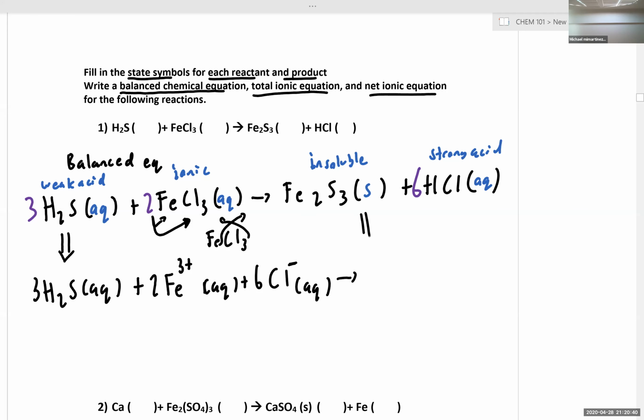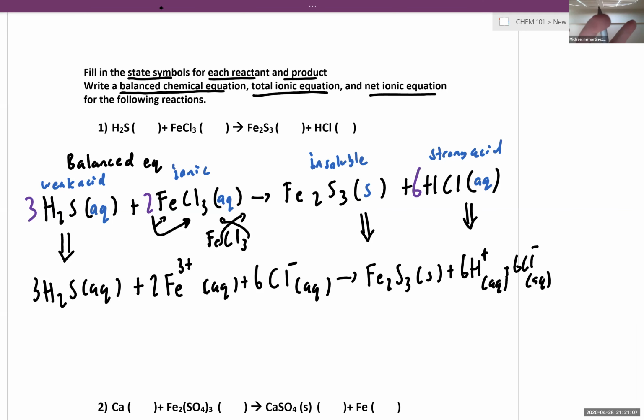Do we dissociate iron 3 sulfide? Nope. It's an insoluble ionic compound. Do we dissociate hydrochloric acid? Yes. And we get 6H plus and 6Cl minus, aqueous.